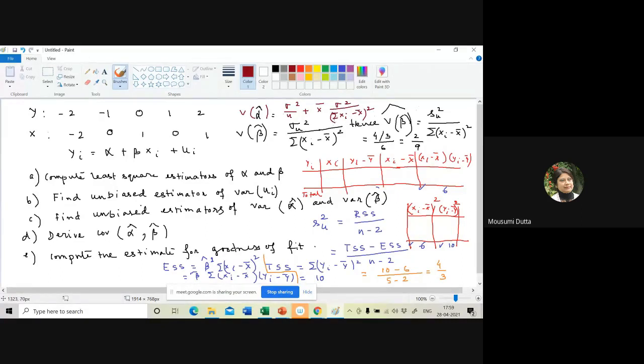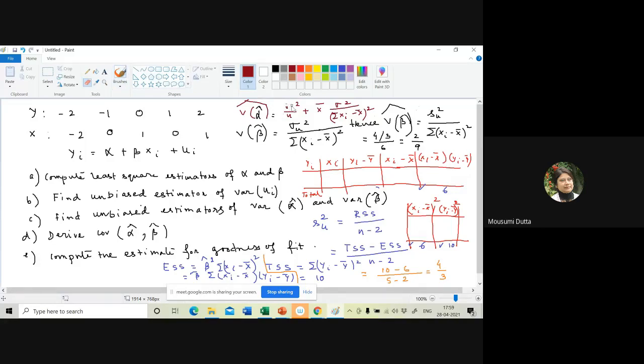So is Rajdeep right? This is the formula? Yes, ma'am. Okay. So in place of sigma square, I have to use Su square, and I'll write hat over variance of alpha. That is the estimated value of variance of alpha.